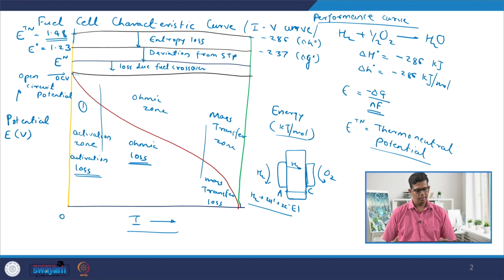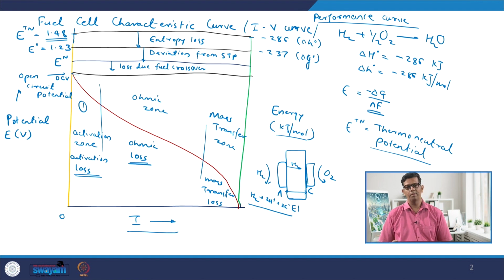Moving further, we have in some cases some loss due to fuel crossover, as I was explaining in the last session. When we have, let's say, an electrolyte and then electrodes, that is anode and cathode, and once we supply hydrogen and oxygen to the cell, instead of hydrogen getting oxidized to protons and electrons, this hydrogen gas directly, or through small pores, reaches the cathode and gets oxidized at the cathode instead of at the anode.